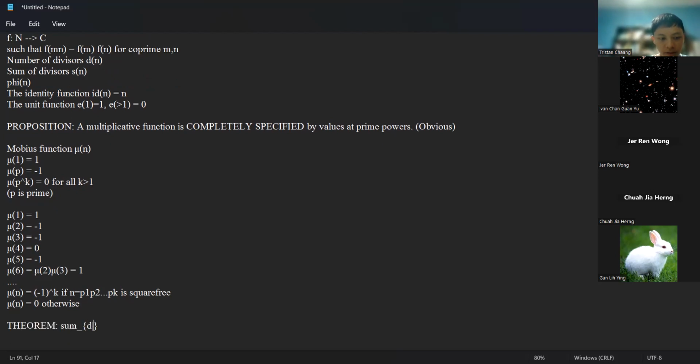The sum, where d runs over all of the divisors of n, of mu d is equal to e n. That is, if n is 1, the left-hand side is 1. If n is not 1, the left-hand side is 0.